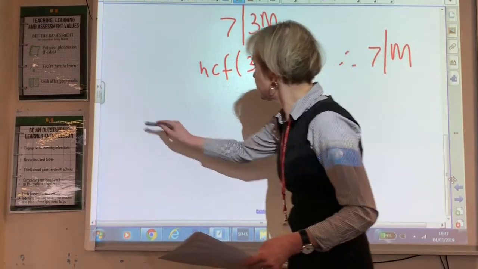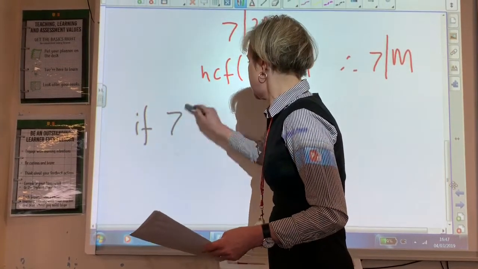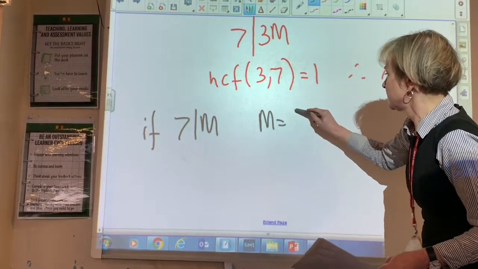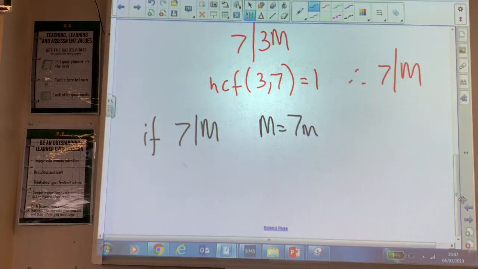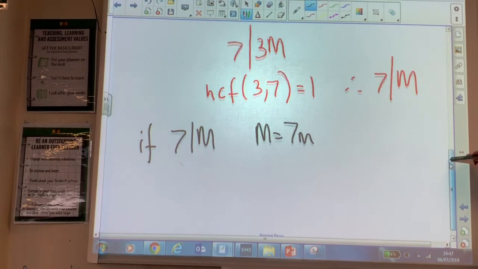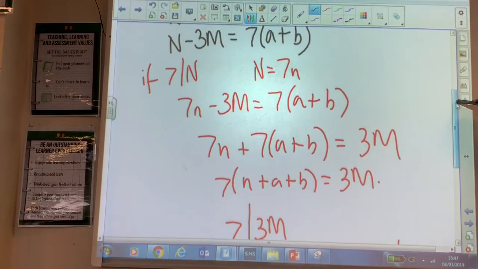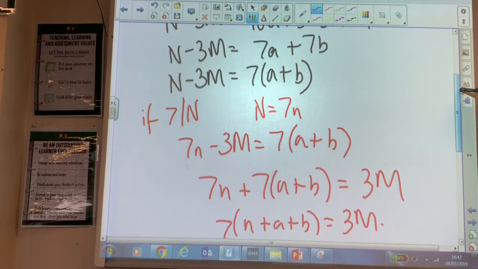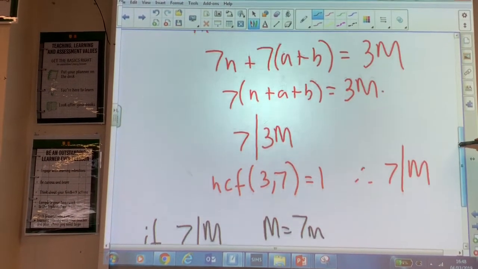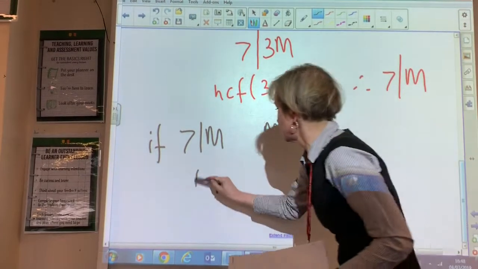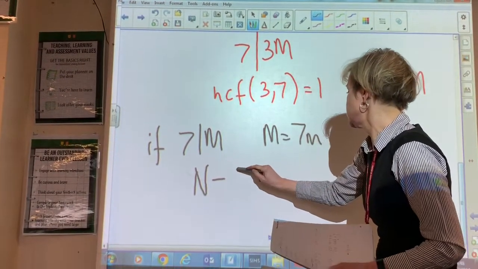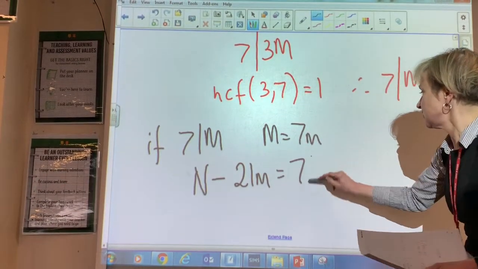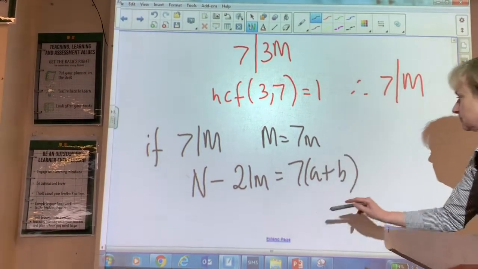So we assume that m is divisible by 7, so m is a multiple of 7, and we're now going to go back to n minus 3m is 7a plus b. So n minus 3m, which will be 21 little m, is 7a plus b.